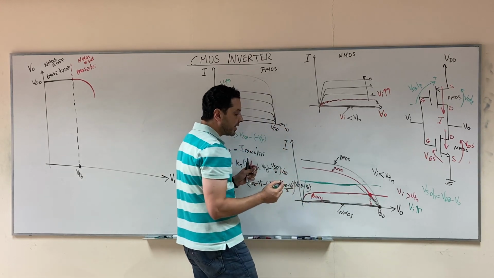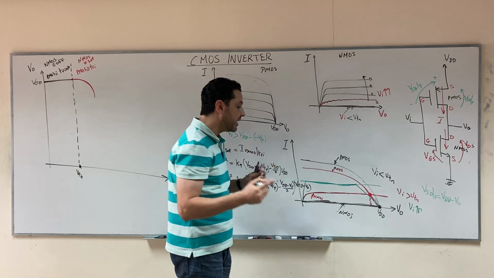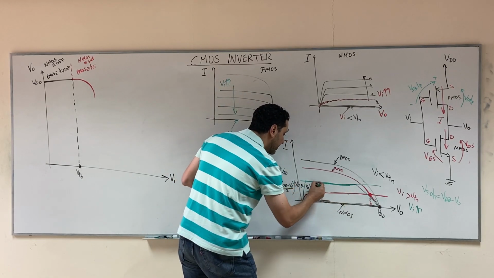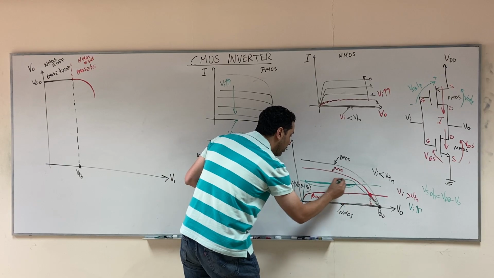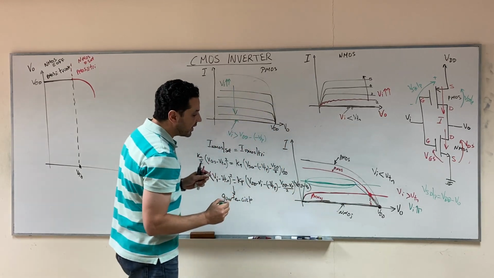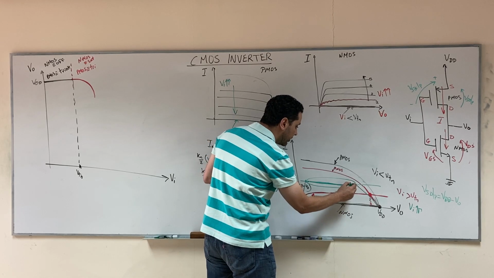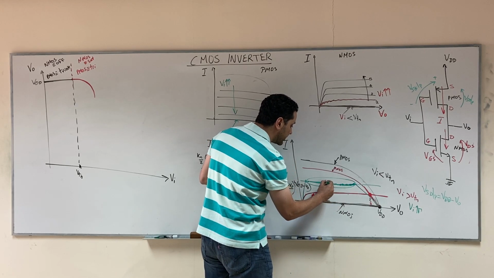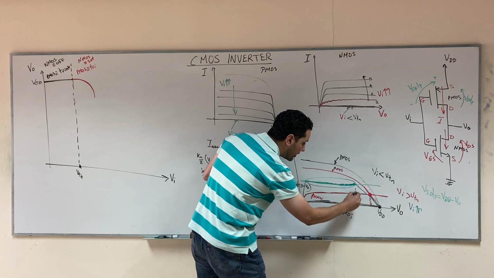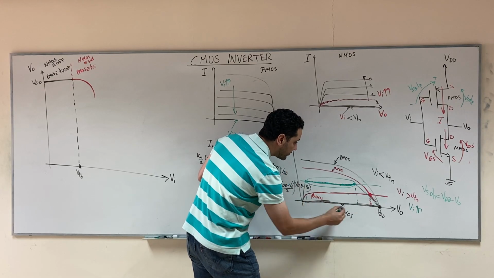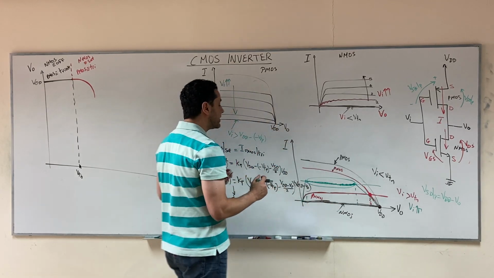The operating point here will not be only one point. The operating point will be this whole overlap, right? So here both of them will be saturation, and all these points for V out will be operating points.